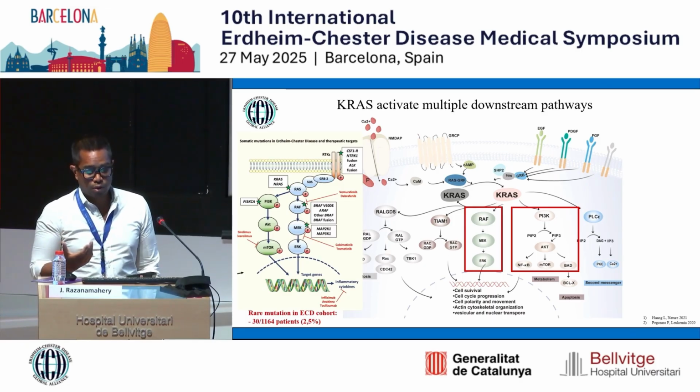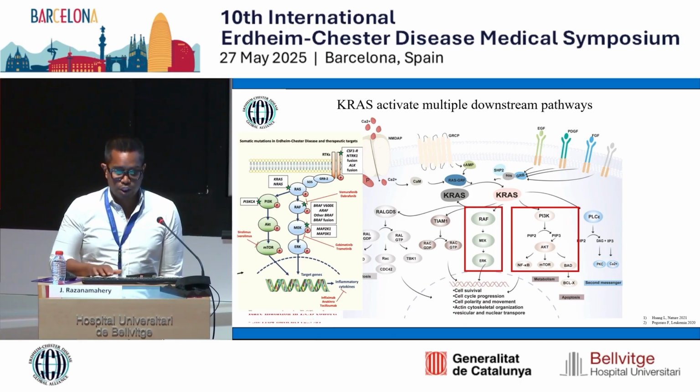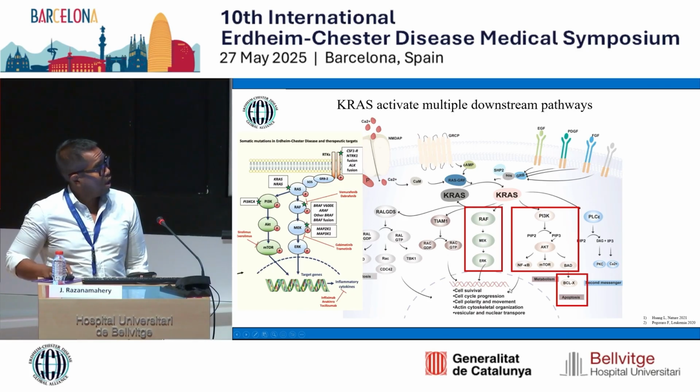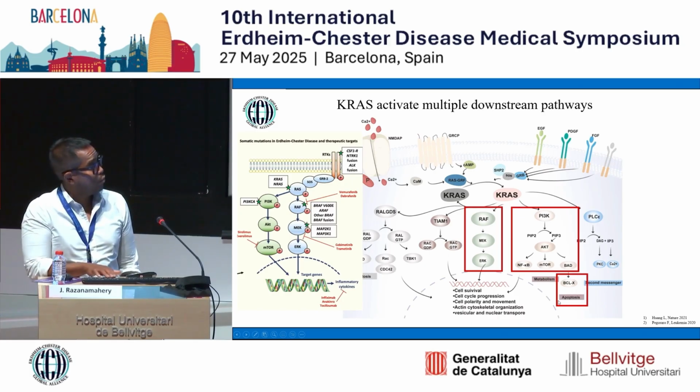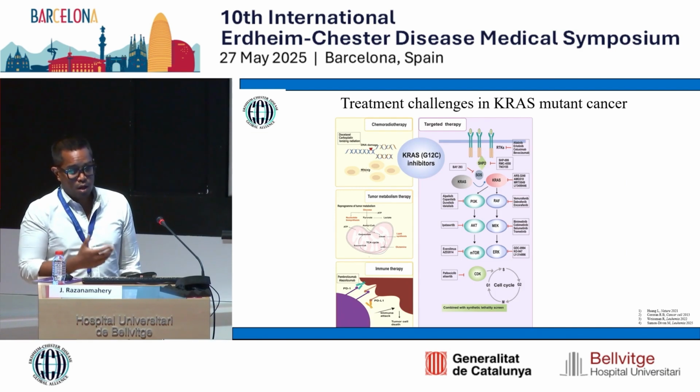It's less than 3% of the patients, and we don't really know how to treat them. But what is really important is this here, the expression of BCL-XL in patients with a KRAS mutation, and it's really important to apoptosis.